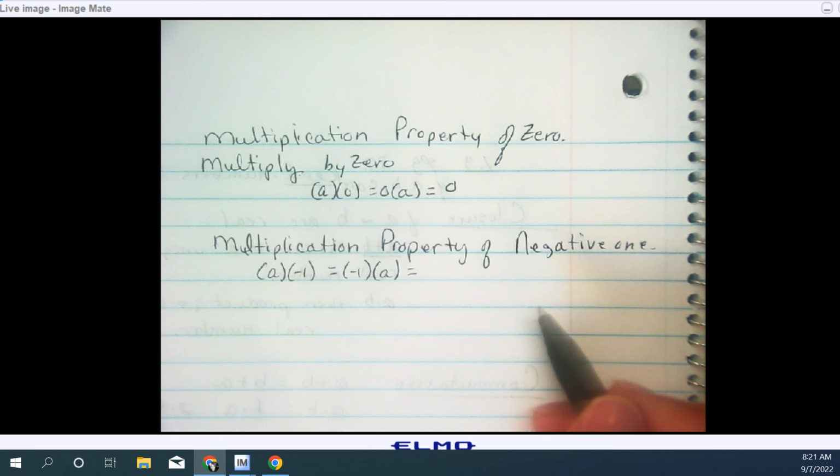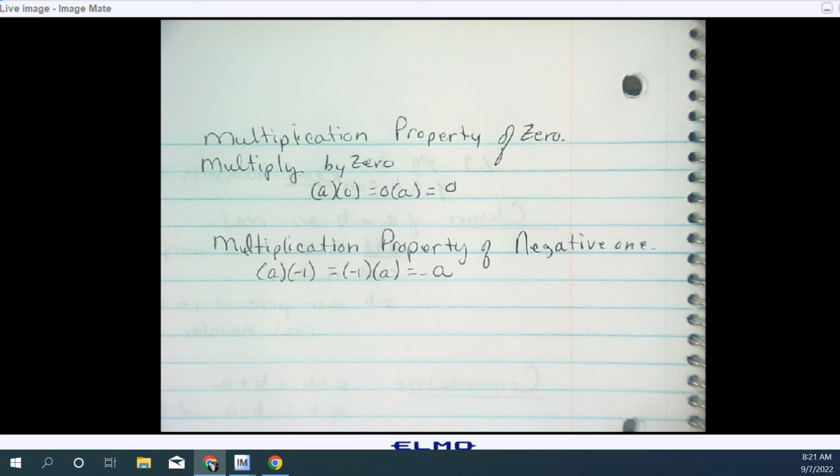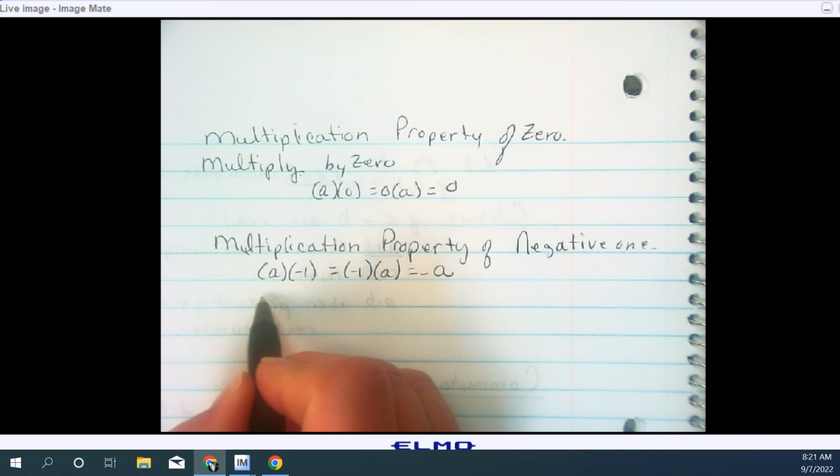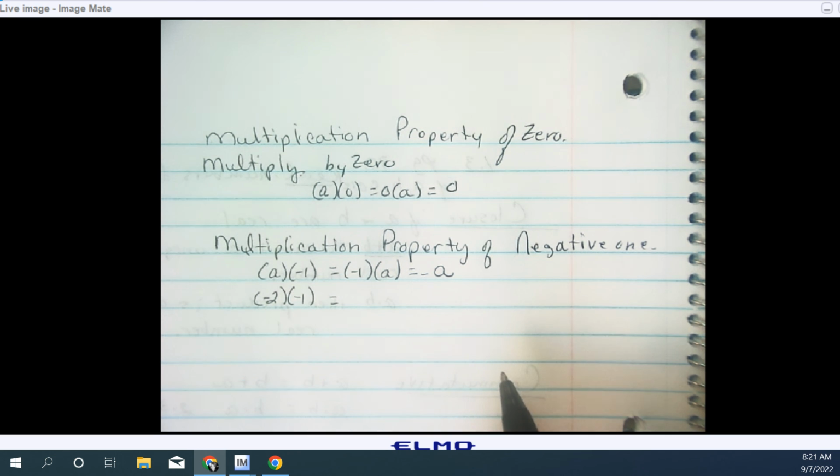The opposite of what it is. Yes. The opposite of whatever it is. So if you're multiplying by a -1, you get the opposite number. So here's an example. I'm going to let a be a -2. If I multiply -2 by a -1, then my answer is the opposite of the negative, which makes it a positive.